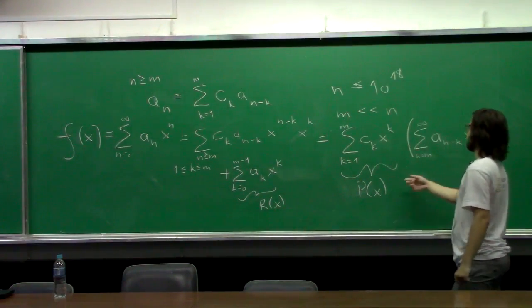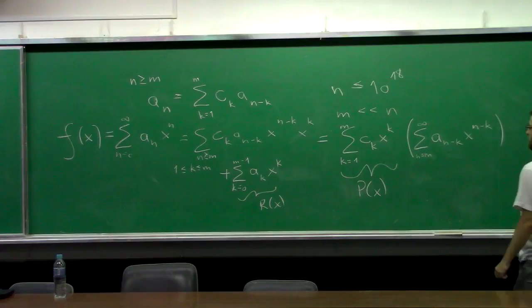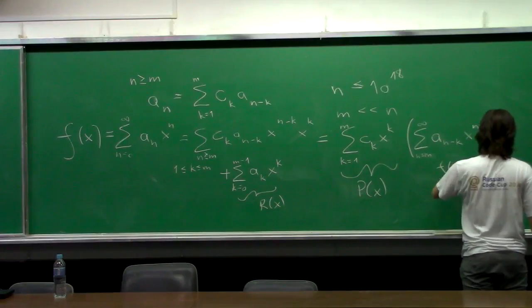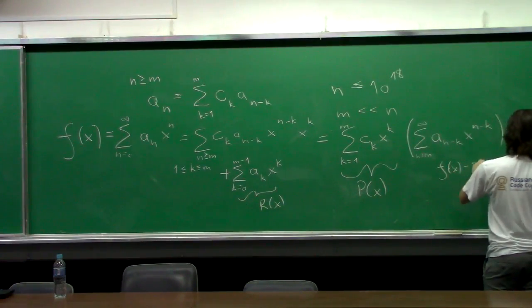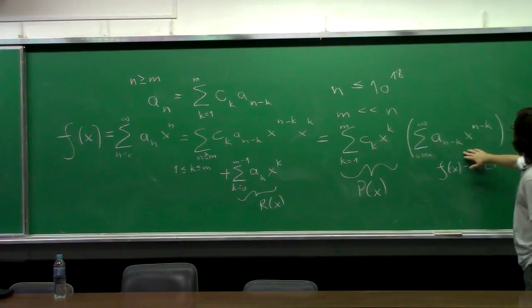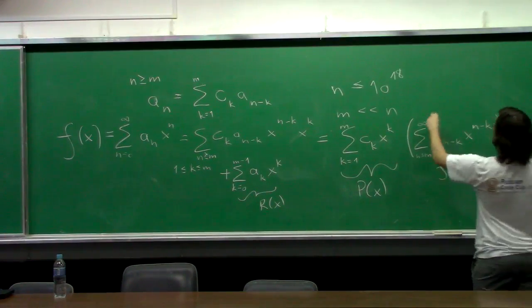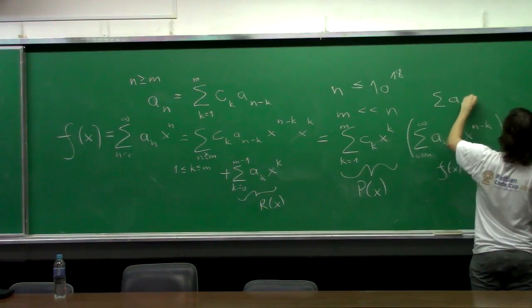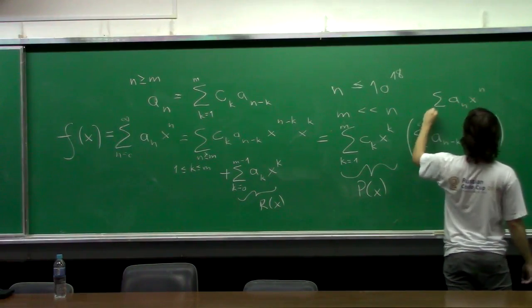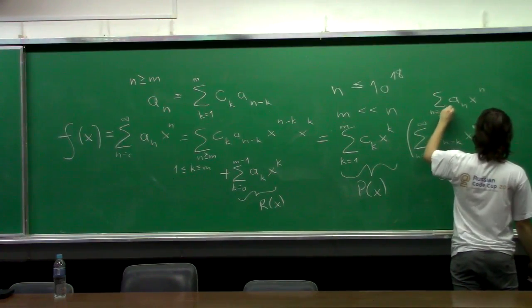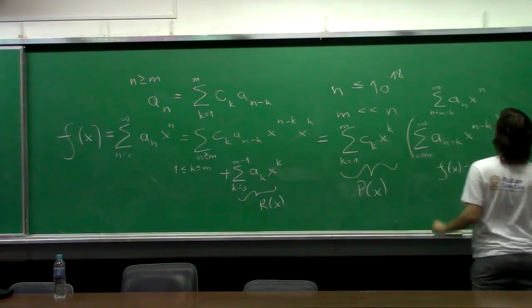This is a polynomial P(x), and here we have functions like this, which are again some f(x) minus the polynomial, the sum of a_n x^n, where n goes from m minus k to infinity.